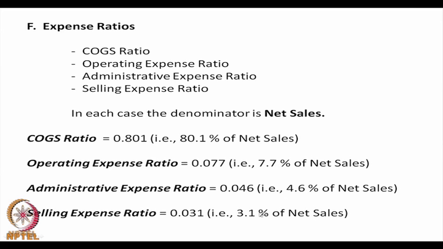Of these, you can see that the operating expense ratio, that is general and administrative expense and selling expense together, is the highest. Selling expense ratio of course is taken separately here, and the general administrative expenses ratio is 4.6%. So, together they give 7.7%. So, one can go into the details to find out why this is so high. Could this be reduced further?